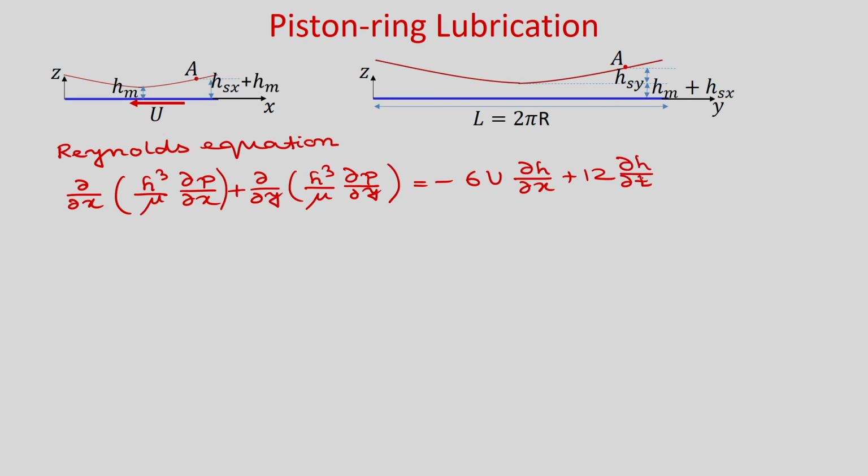This we have already derived. This is in general the Reynolds equation in the two dimensional unsteady case. In the y direction there is no motion, but we only have a motion in the vertical direction.